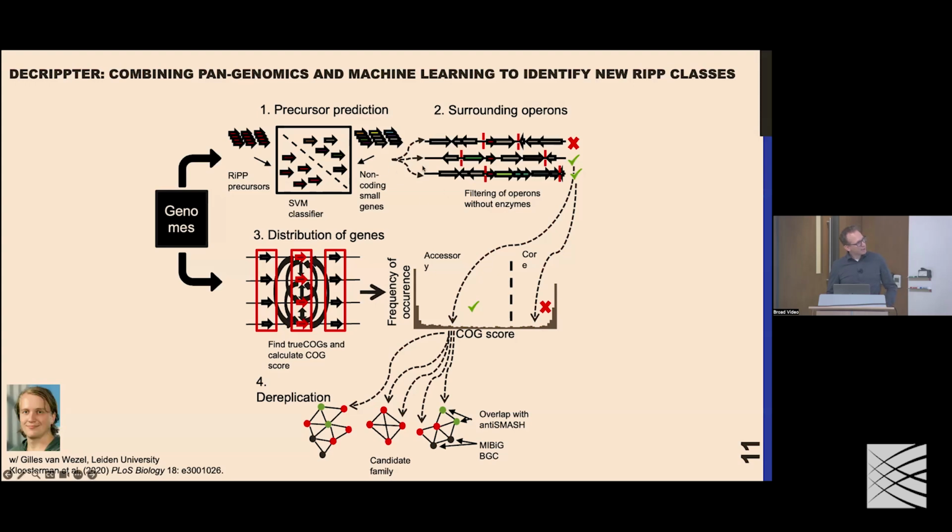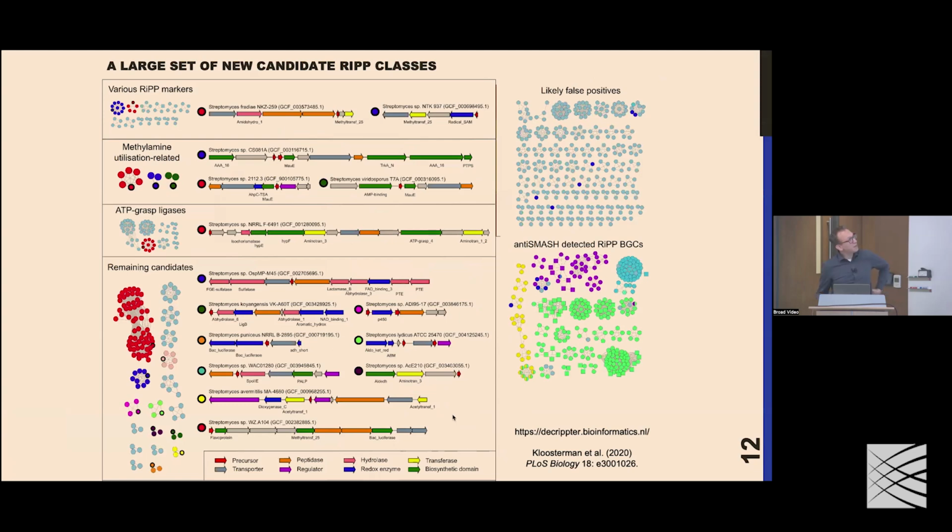If we combine all these criteria and then dereplicate by removing everything that we can already identify with antiSMASH, that gives us a data set that is small enough to manually go through and highlight candidate new classes of RiPP biosynthetic gene clusters. We did this a couple of years ago in Streptomyces, which is a model bacterium for secondary metabolism.